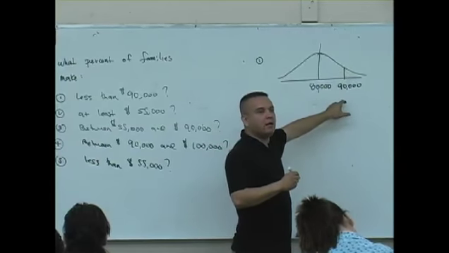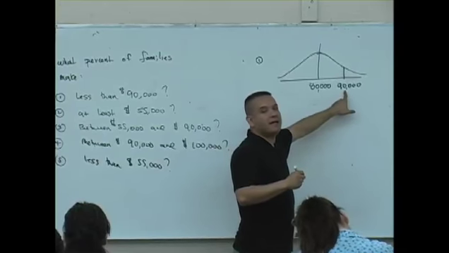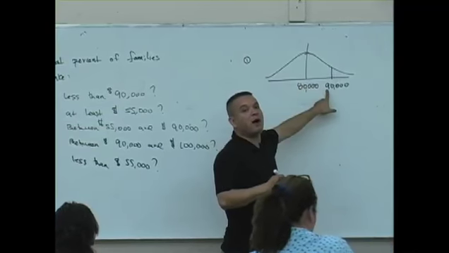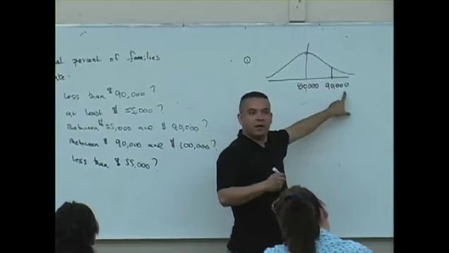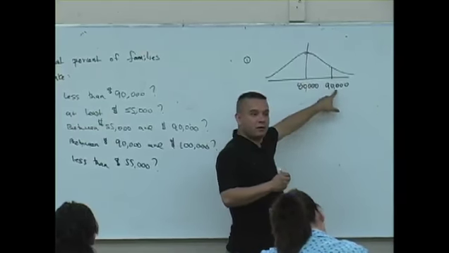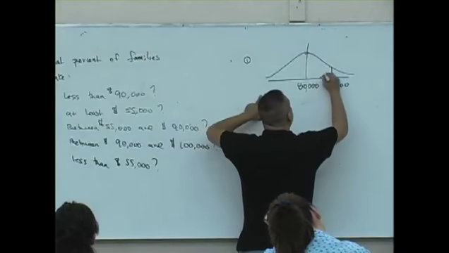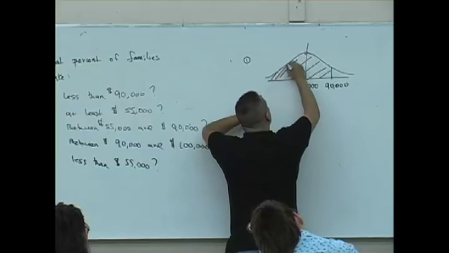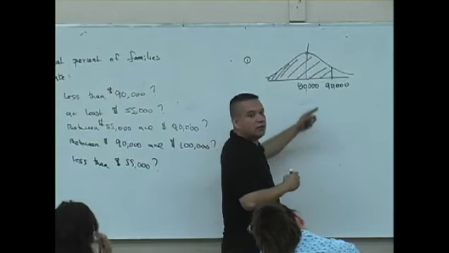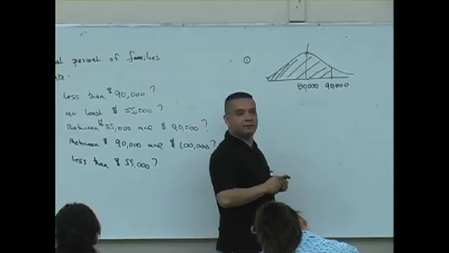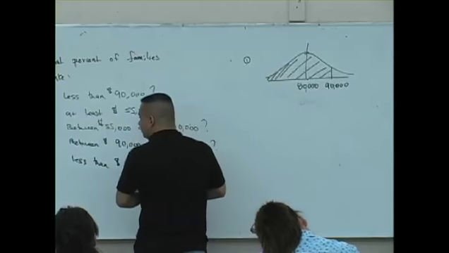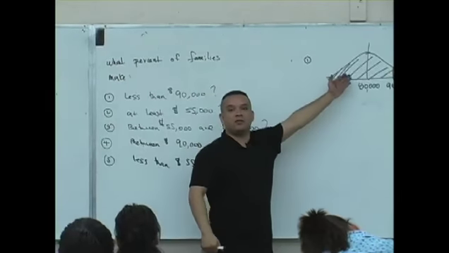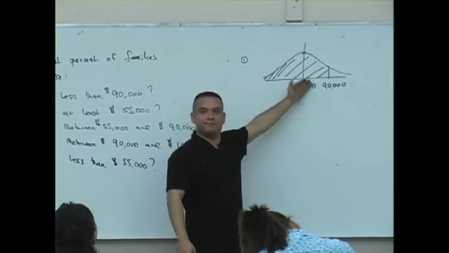Can you tell me what values are less than 90,000? Values to the left of 90,000 or values to the right? Values less than live where? To the left. So shade all of the curve, the bell, that's to the what? To the left. You guys okay with that? Now that is step 1. Less than 90,000 is everything to the left of 90,000.